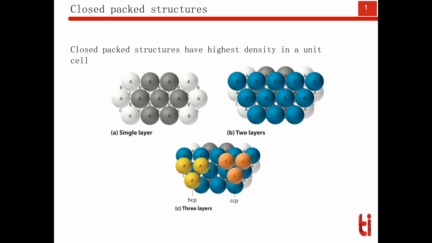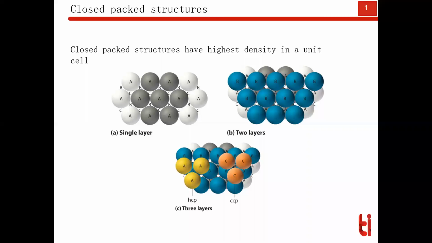At a later stage we will see that there are two possible variants of it, and we are going to derive the coordination number, the effective number of atoms, and the APF factor for a structure which is called the hexagonal close-packed structure.